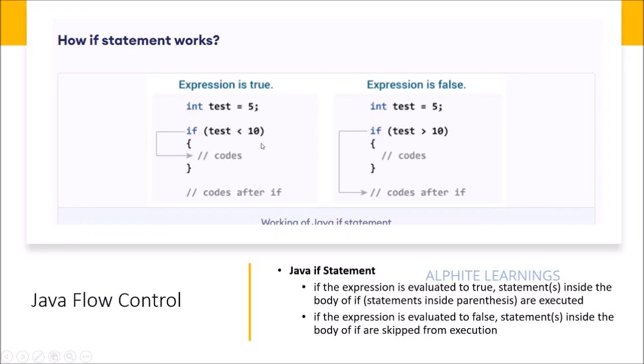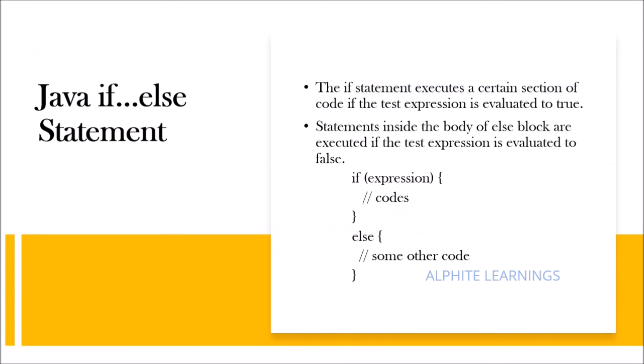If it is greater than 10 and less than 15, I do something else. Or consider percentages: if the student is above 90 percent, they go in S grade. If a student is between 80 and 90 percent, they go in B grade. So you have multiple checks to do. That is where if else comes into play.